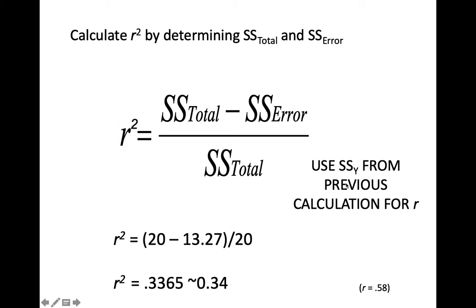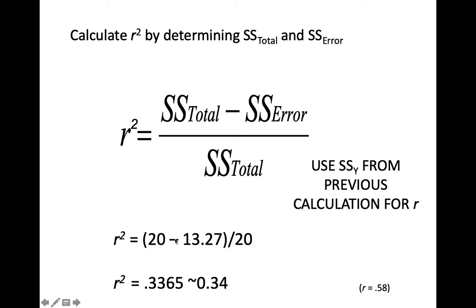That's the total amount that we could have if we just used the mean. When you go back and look at that table, you should see that the sum of squares total is 20. So when we get our sum of squares error of 13.2, we can evaluate, well, if this is the total amount of error, and this is the error that we have when using our model, let's look at the amount that we've reduced the total amount of error that we could have over the total amount.